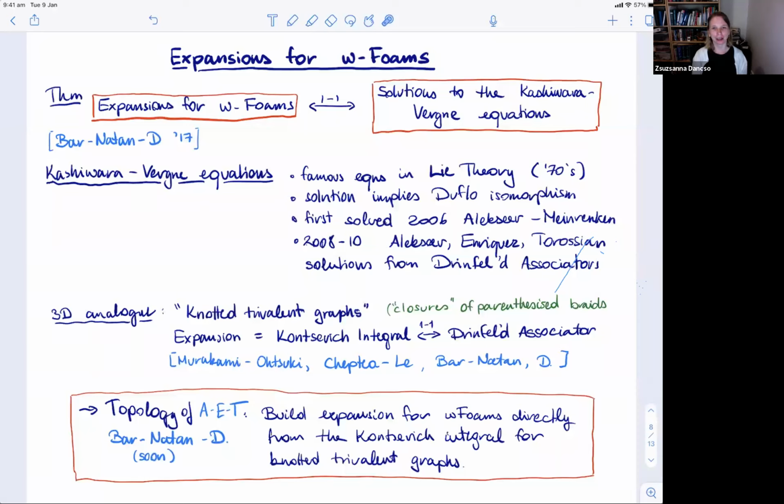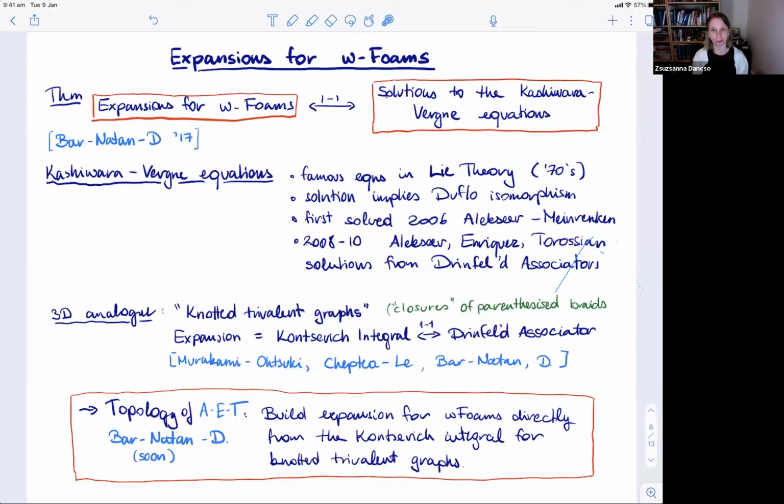And the theorem is that homomorphic expansions for welded foams, which are circuit algebra homomorphisms and also commute with these other operations such as unzip, they correspond one-to-one to solutions to what is called the Kashiwara-Vergne equations. The Kashiwara-Vergne equations are a set of equations in Lie theory, and they have been around since the 1970s.